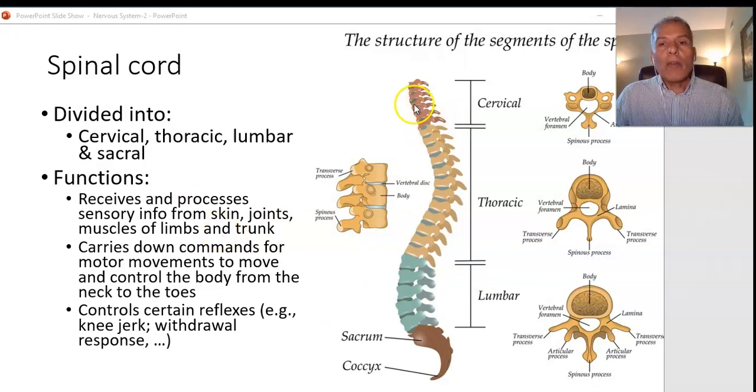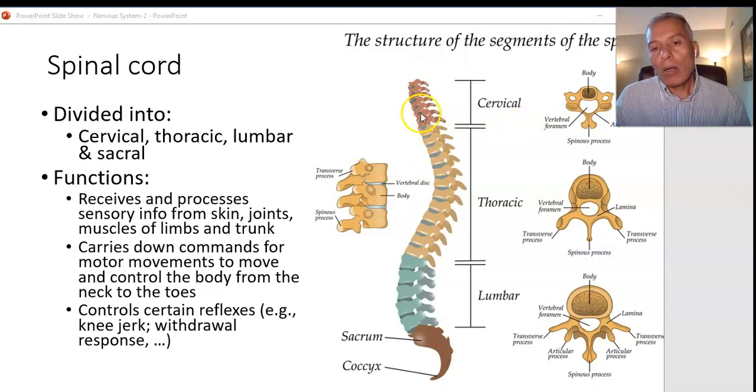So the main functions, again, of the spinal cord, think about it as the pathways that come down to bring motor commands from the cerebral cortex, from the top levels of the brain, motor orders, and on the other side you have ascending pathways that bring sensation from different parts of the body.